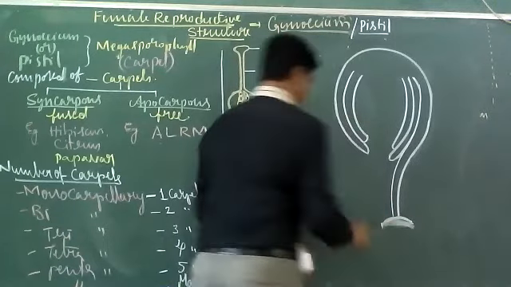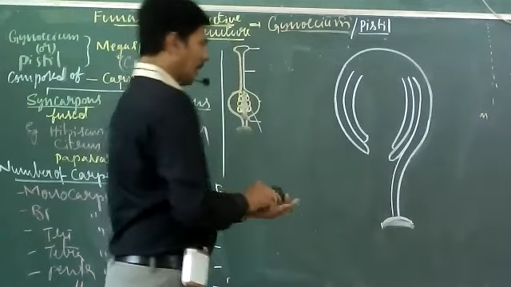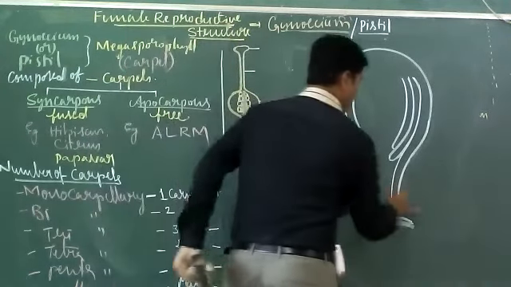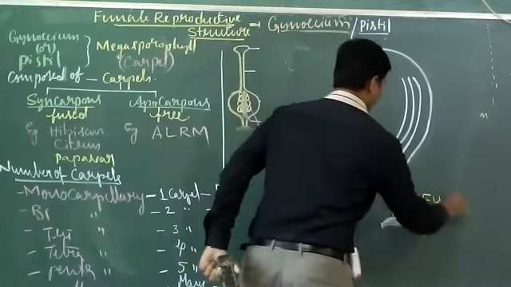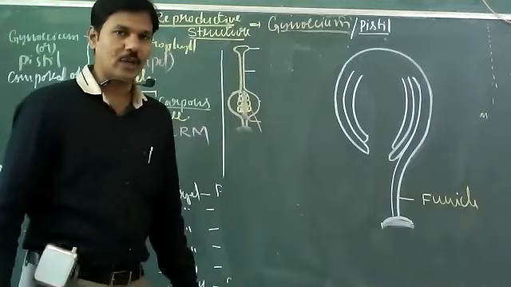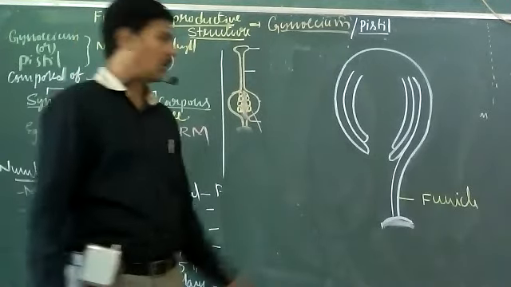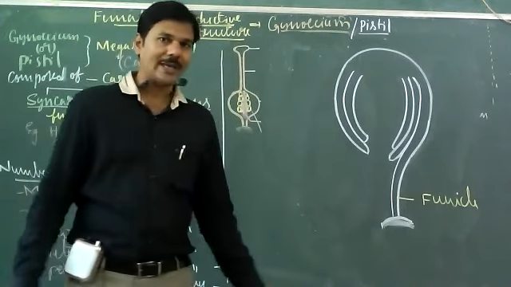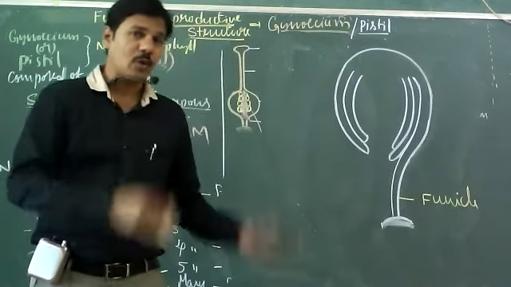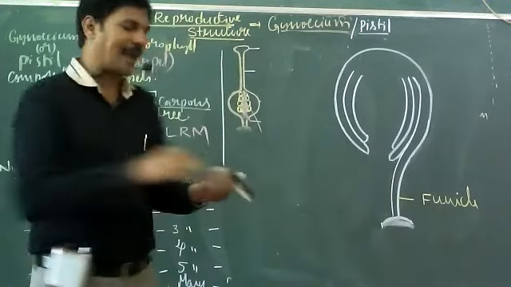So this is placenta. Now you see, what is this mark? This is funicle or funiculus. The stalk of the ovule is called as funiculus. So funicle is the stalk of the ovule by which all the ovules attach to placenta.